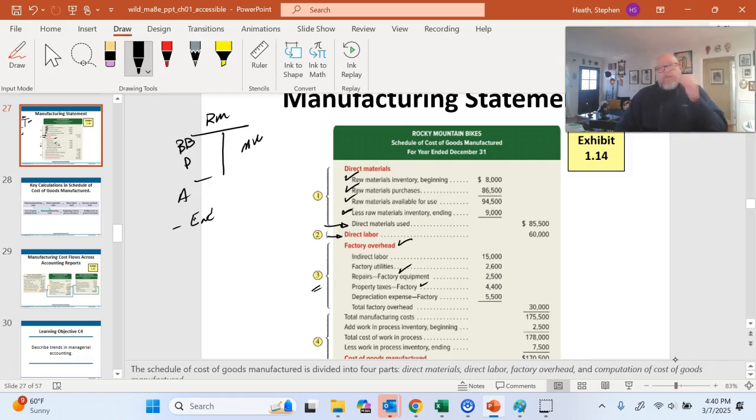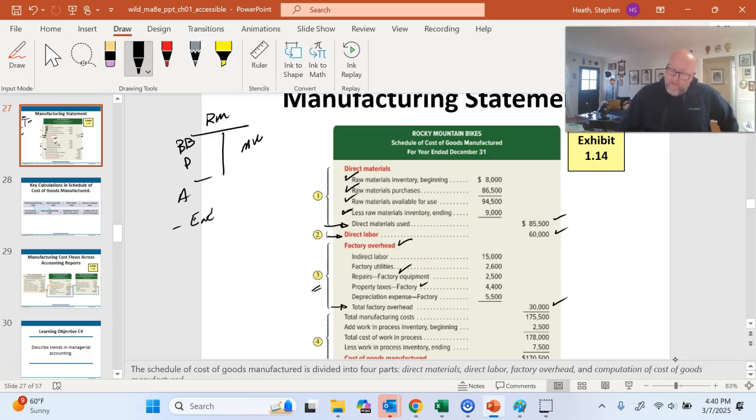So we could have property taxes on the sales facility. We can have repairs and maintenance on like the fax machine in the sales office. That would not be factory overhead because that's not part of making the product. Those would be period costs way down the bottom of the income statement. Okay. But here is my total manufacturing overhead, total factory overhead. These three costs are the three costs that we incurred this period.